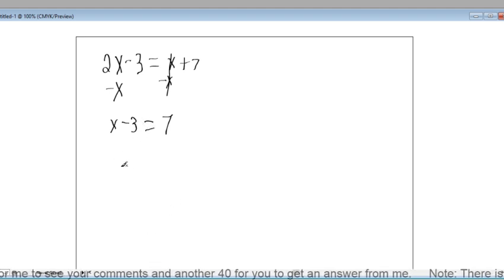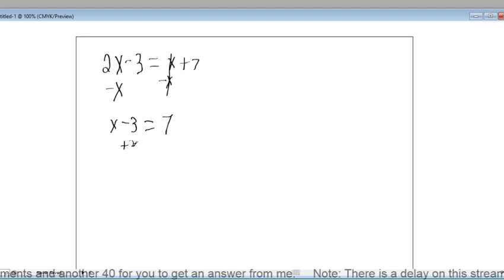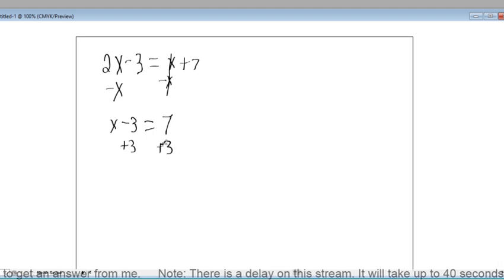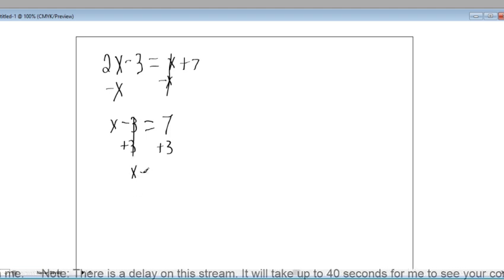Now we just need to take the negative 3 and cancel it. And again, we need to do the same thing to the other side to keep the balance that this equal sign shows. And so that cancels, and we get x equals 10.